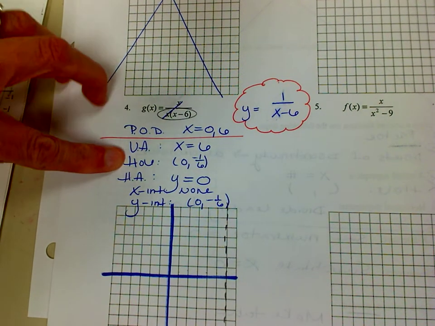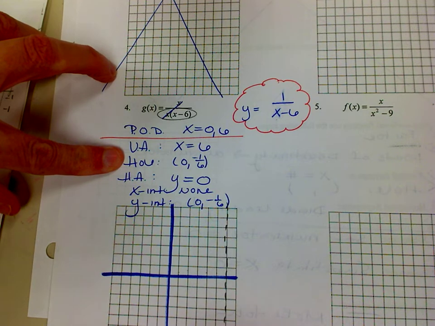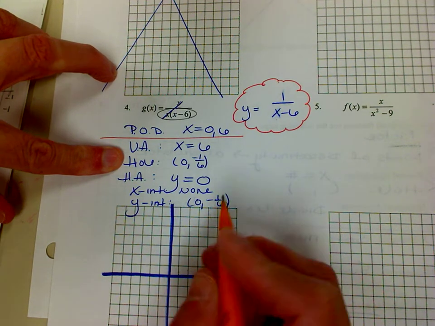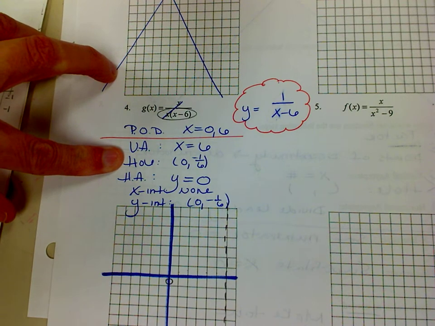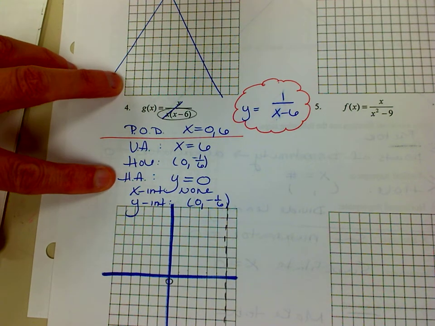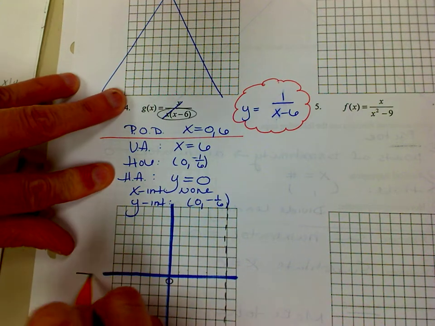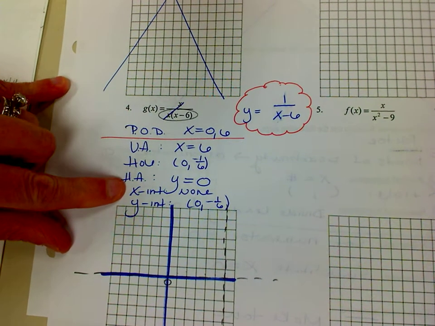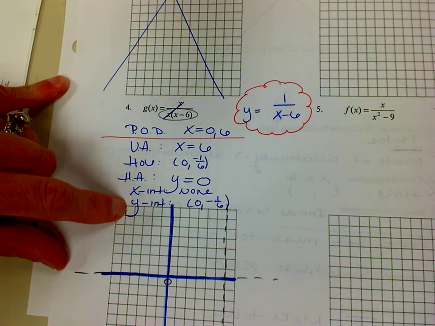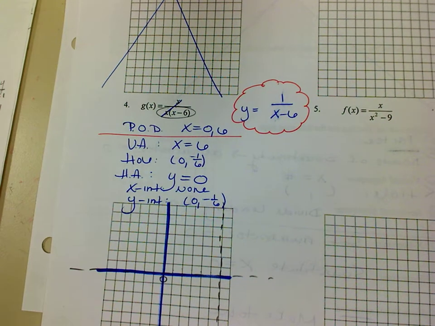Okay, now I'm going to graph the hole at 0, -1/6. So here's my origin. I'm going to go down a little bit and put a hole there. I actually just put a hole there. Horizontal asymptote is going to occur at 0. So right here I have a horizontal asymptote. I don't have any x-intercepts, and then my y-intercept is where the hole is.